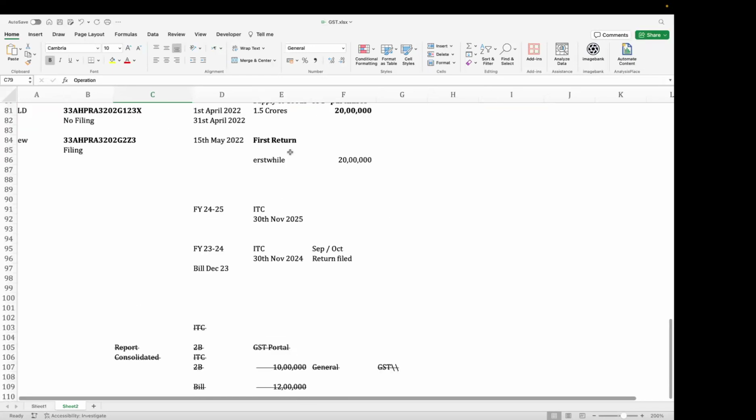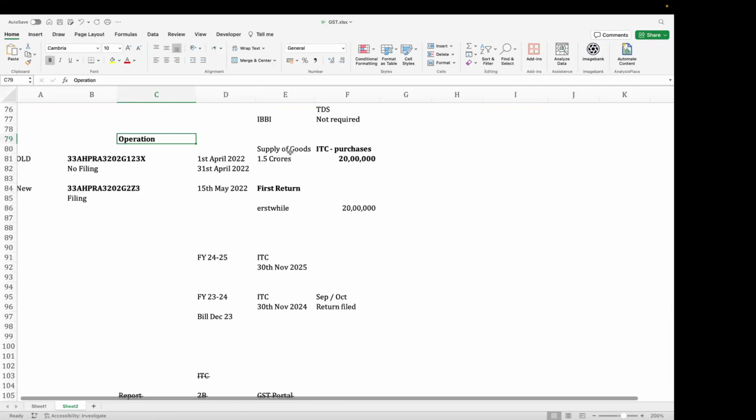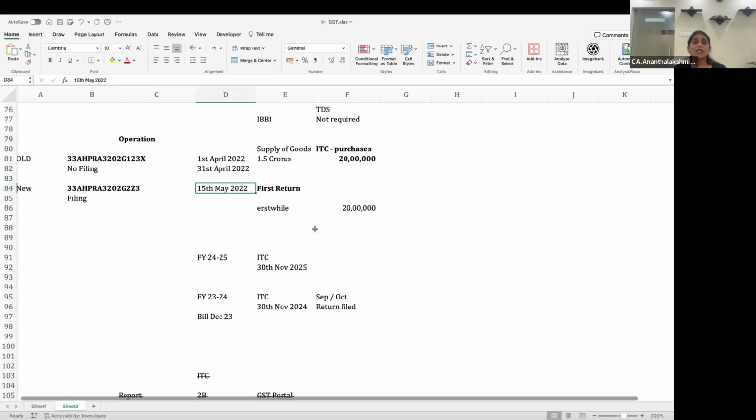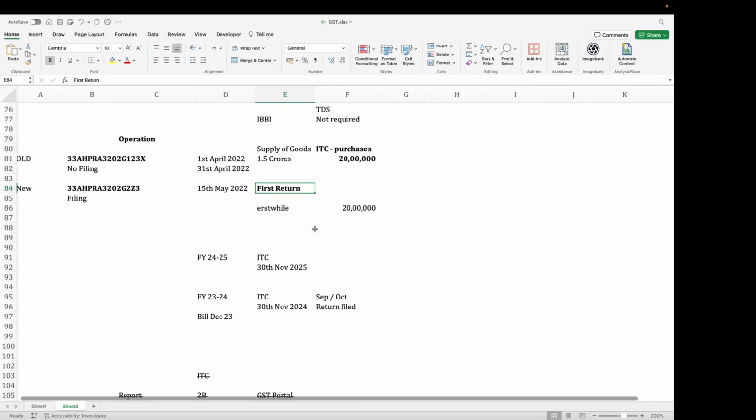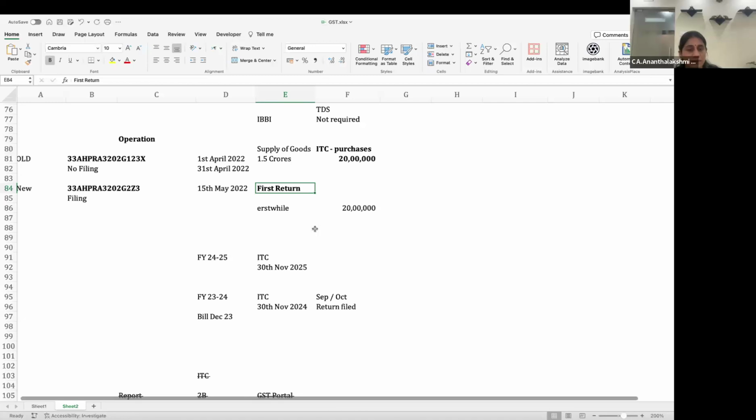Second question is the time within which we have to file the first return. Once you have received the registration, then we have to see whether the one month period has completed, and it is your duty to file the return, sir. No, that is what I am asking. We have got registration on 15th of May, as per your slide.